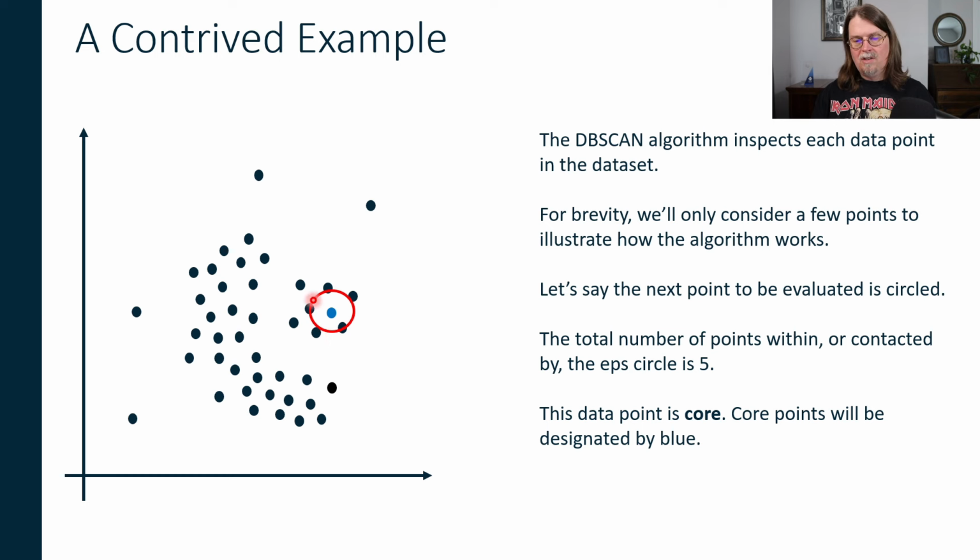So we've got 1, 2, 3, 4, 5. I said 6, but I have 5 here on the slide, because this guy's actually not covered. And 5 is bigger than 4, because remember, we set min samples to be 4. So this is considered a core point. I'm going to color code core points in this contrived example as blue. This core point is blue because there are 5 data points touched or encompassed by the EPS circle, including the current point that we're looking at.